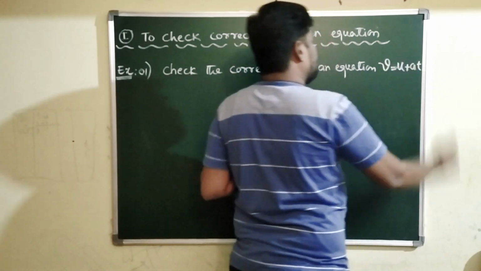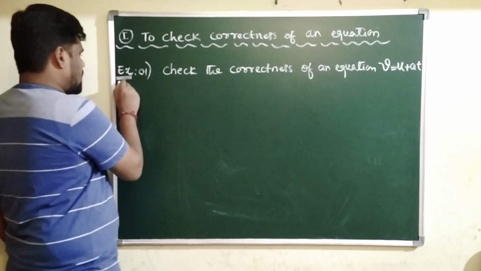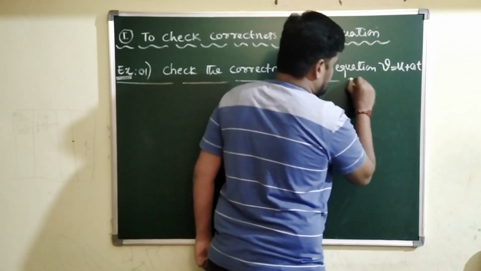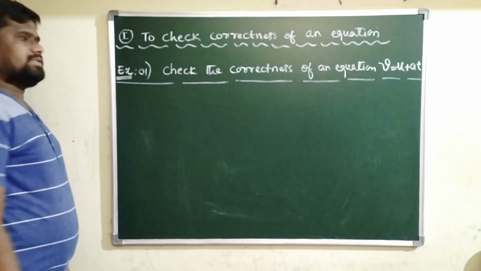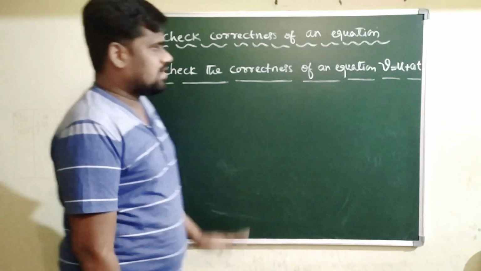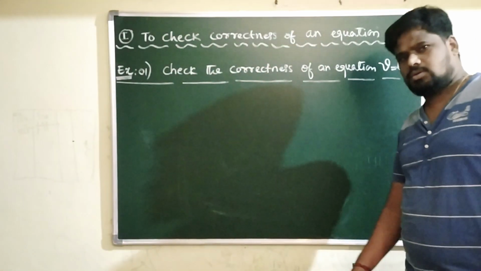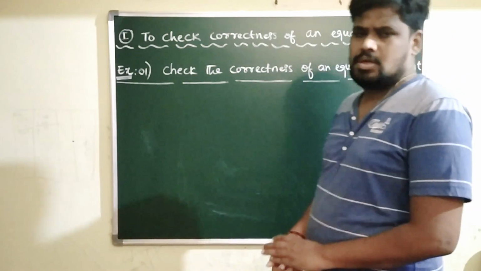I have an equation v equals u plus at. We have to check whether this equation is dimensionally correct or incorrect. As I said, to check the correctness of a given equation, we are using the principle of homogeneity here.